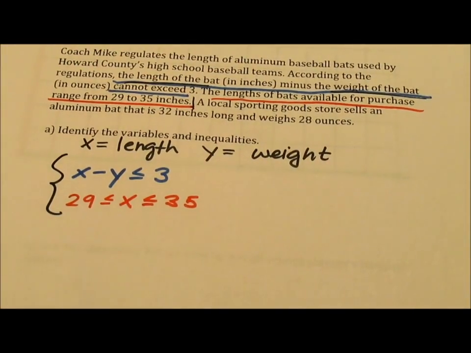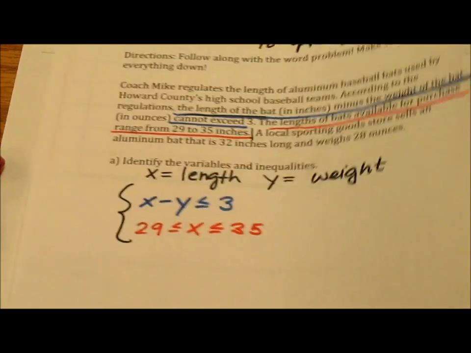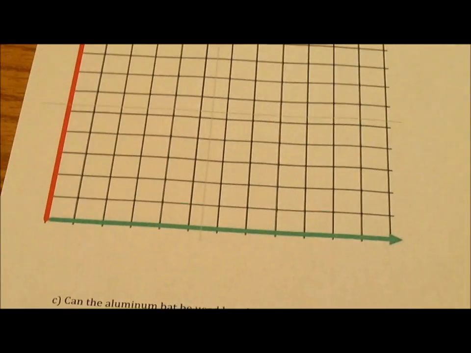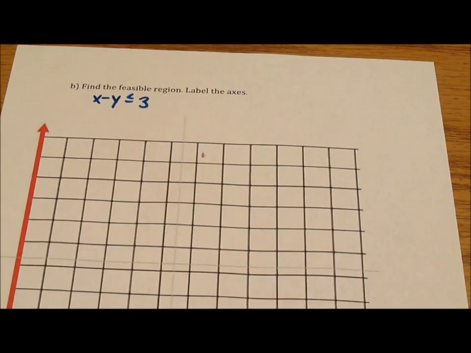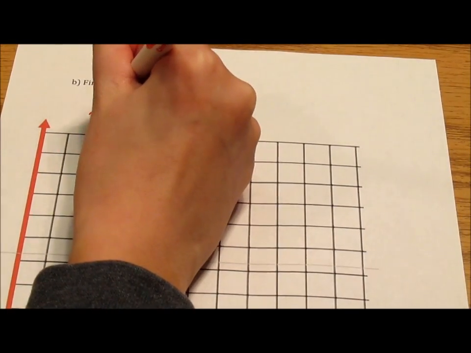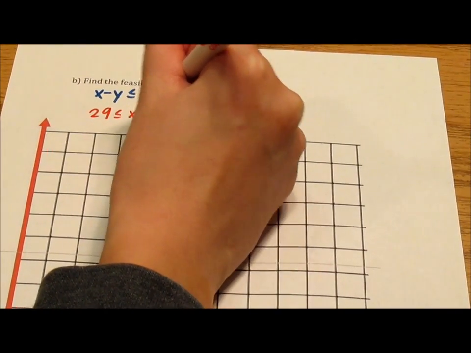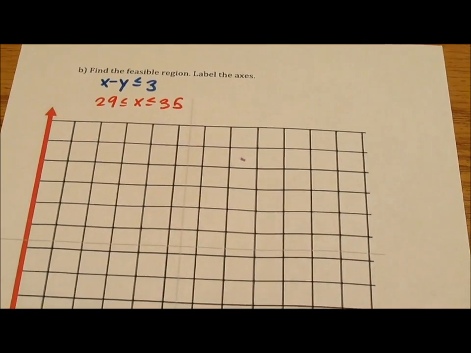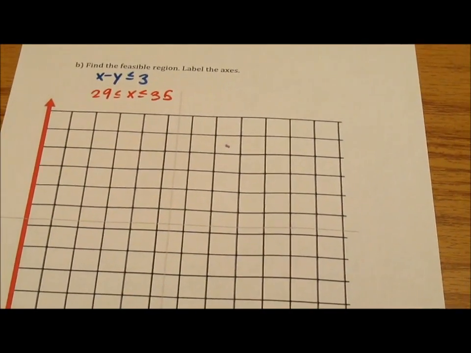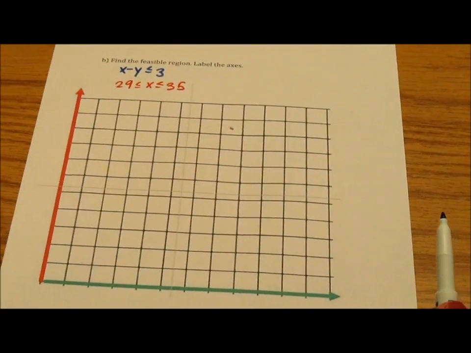Okay, so let's flip over. And I'm just going to rewrite my inequalities so you guys can see them here. Okay, so you guys know how to graph these. The problem with the first expression is we need it in y equals mx plus b form.